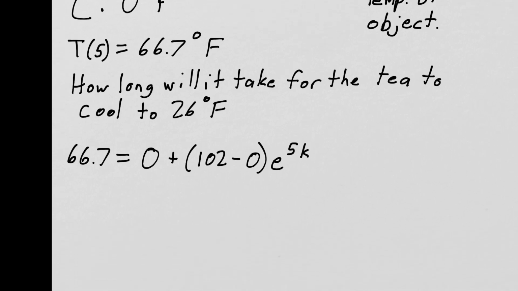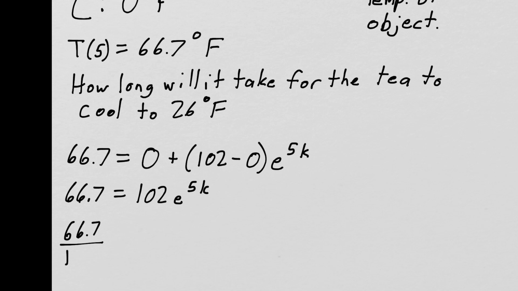Now I can simplify this to 66.7 equals 102 e to the 5k. Then divide both sides by 102, which I am just going to do literally. 66.7 divided by 102 is equal to e to the 5k.